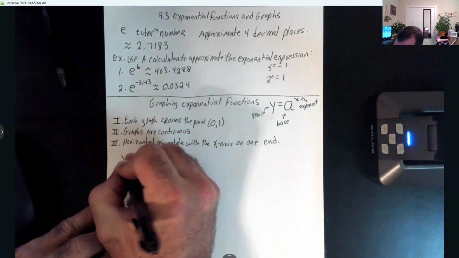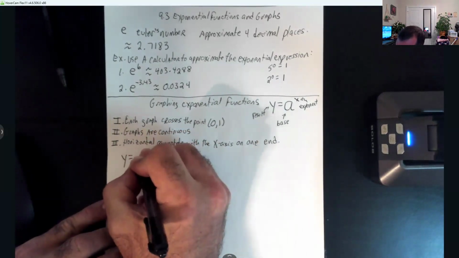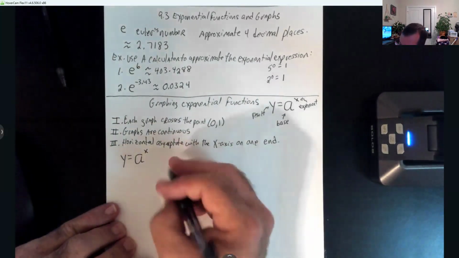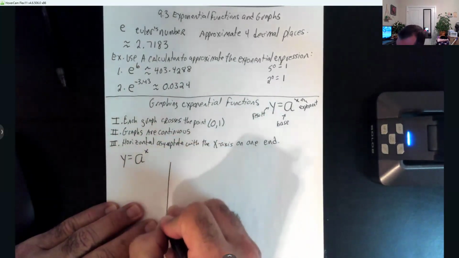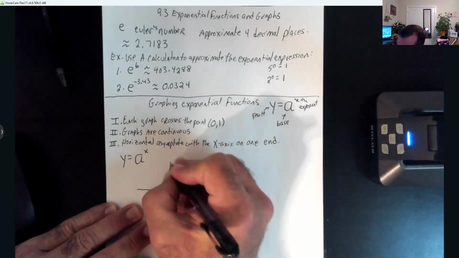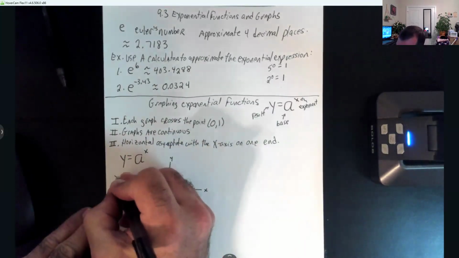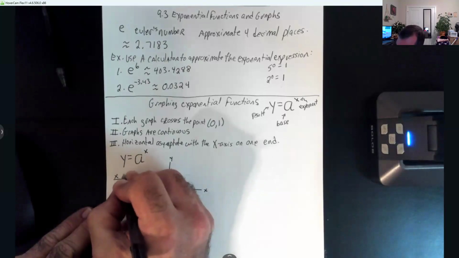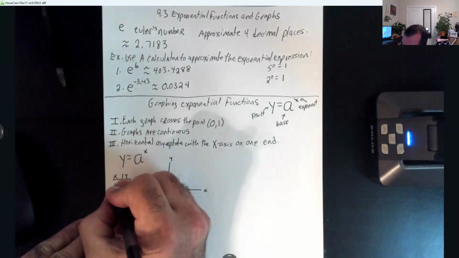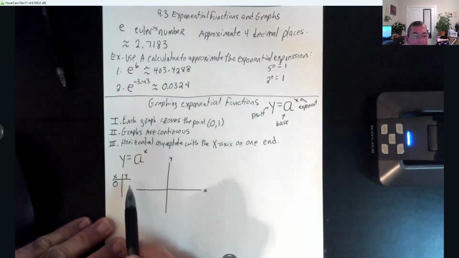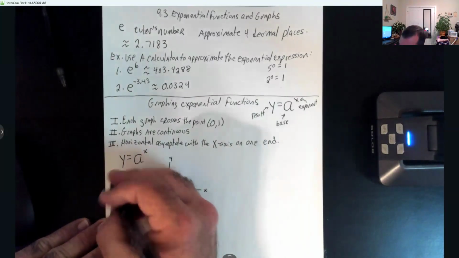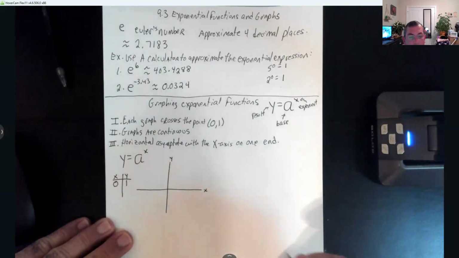So let me show you the two types of graphs based on what that a looks like. So if we have y equals a to the x, well, y'all, let's just think about it. Let's just play with a few numbers here. Well, if x is 0, anything to the 0 power is going to equal 1.